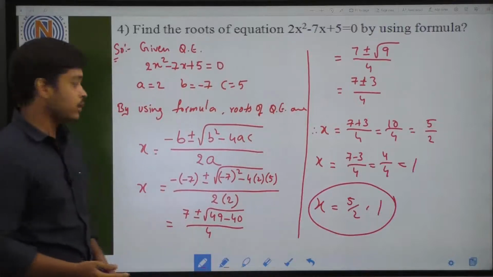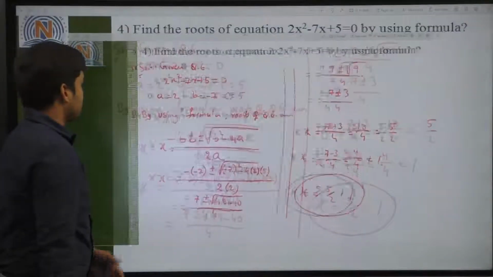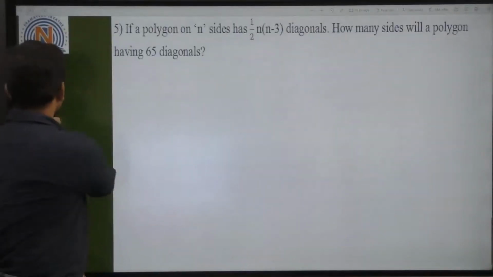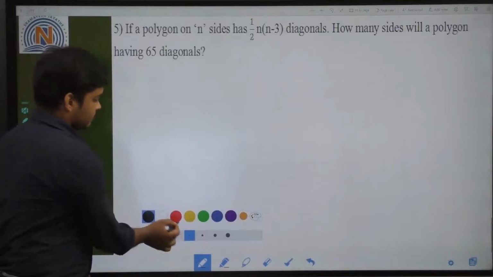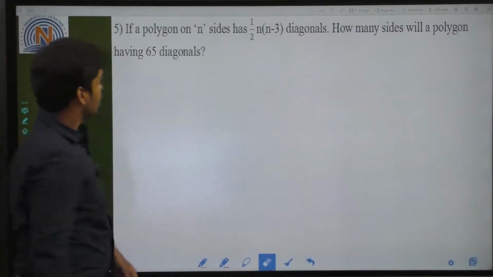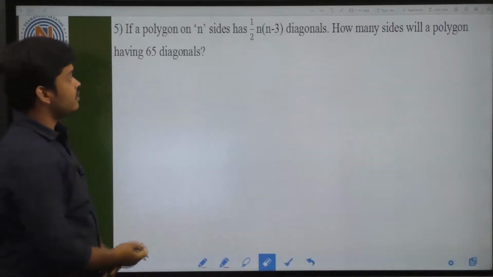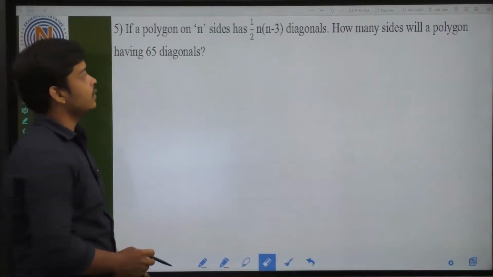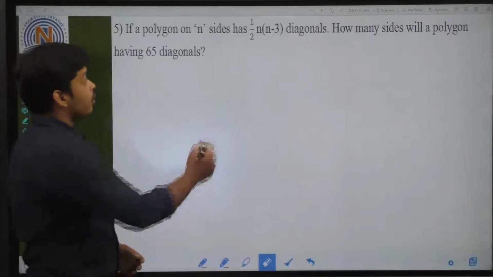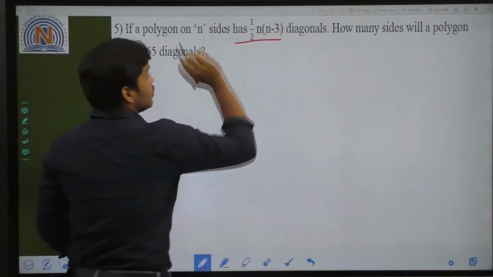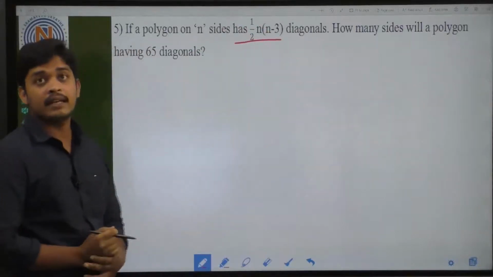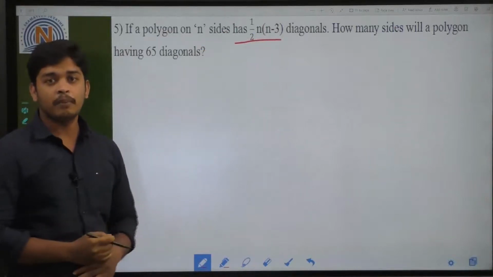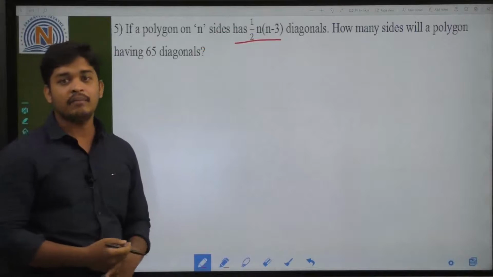Now coming to the next one. If a polygon of n sides has 1/2 × n × (n − 3) diagonals, this is the formula for the number of diagonals of a polygon having n sides.